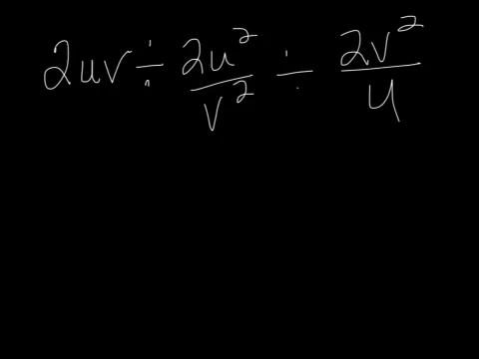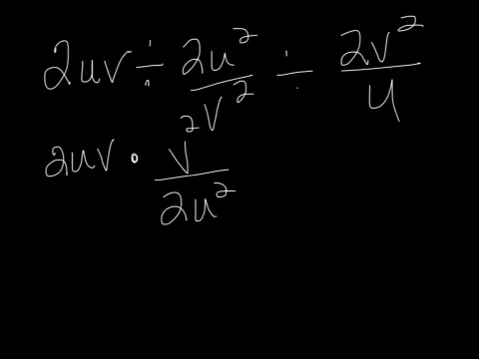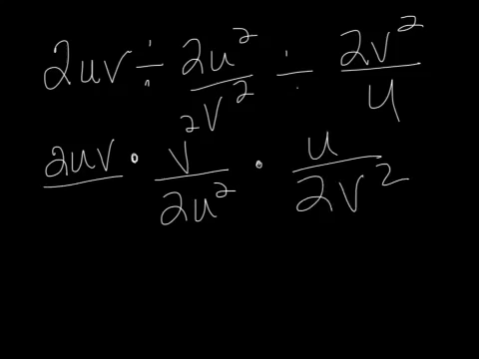Well, on division, if you'll remember, we flip it, so that will be times v squared over 2u squared. Flip the other division, so it will be times u over 2v squared. And remember, if it's a whole number, we put it over 1.